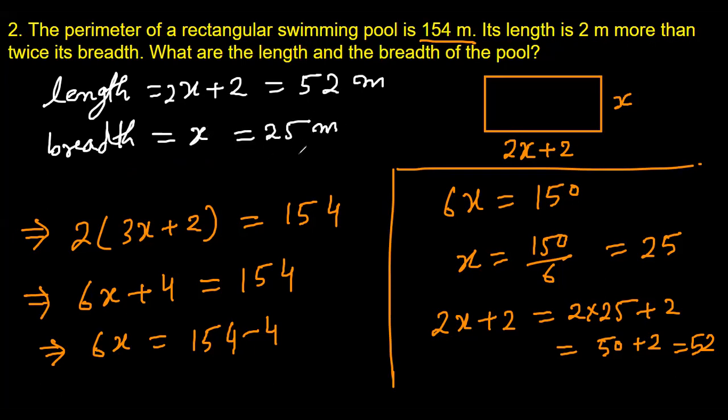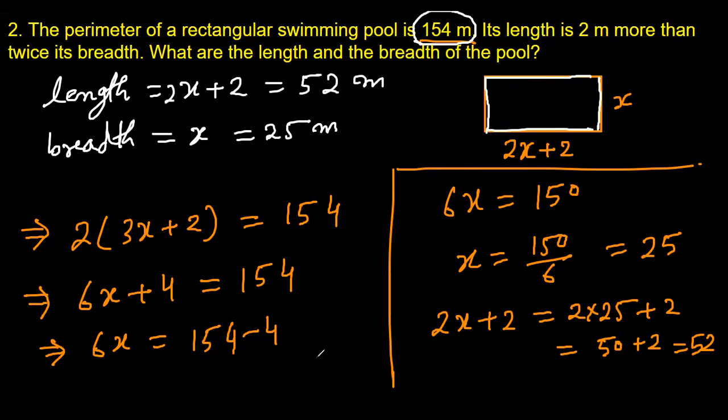Since we are talking about meters, it is 25 meters. You can verify your answer also if you add 25, 25, 52, 52. What do you get? You get 154. So even the answer can be verified in these questions, right?